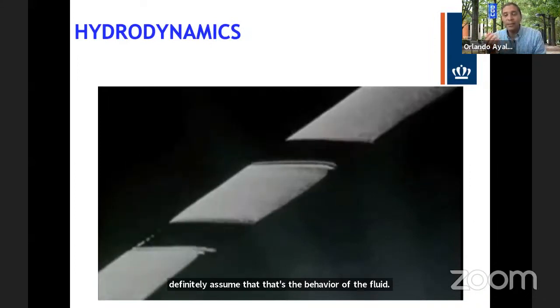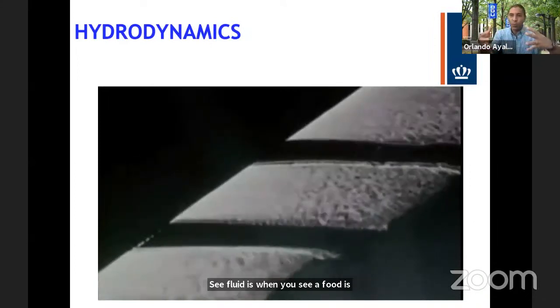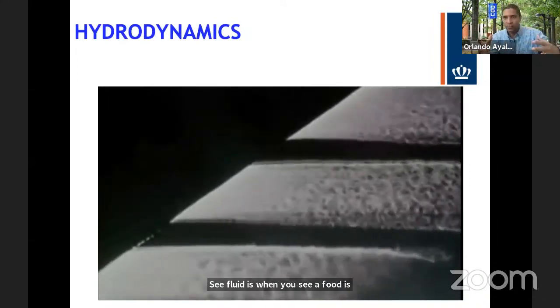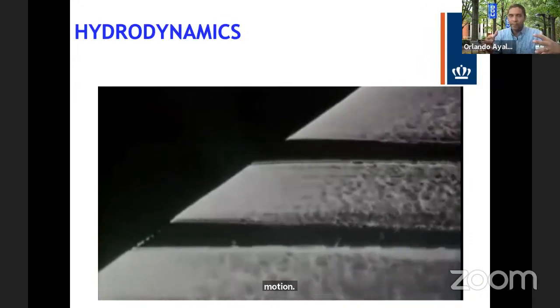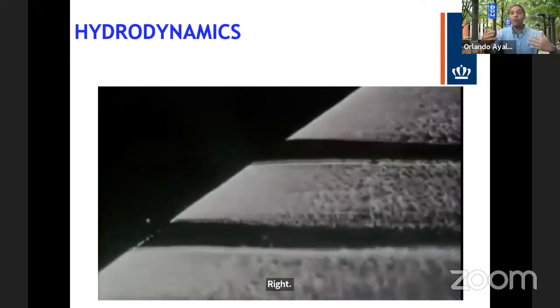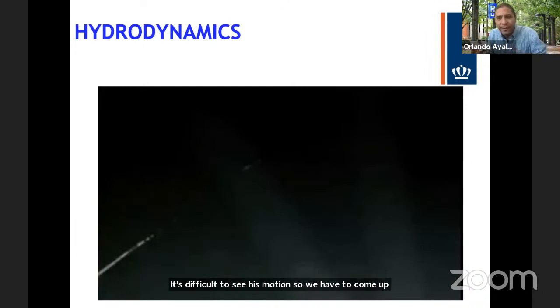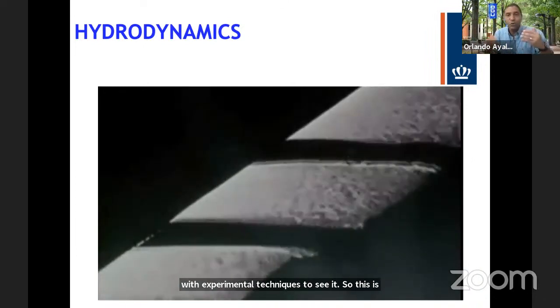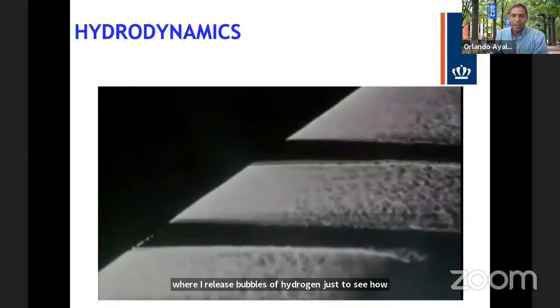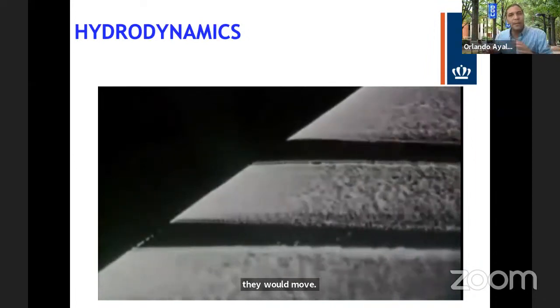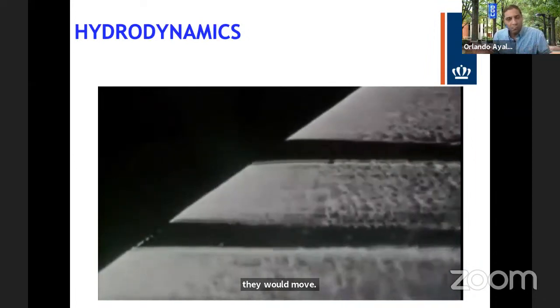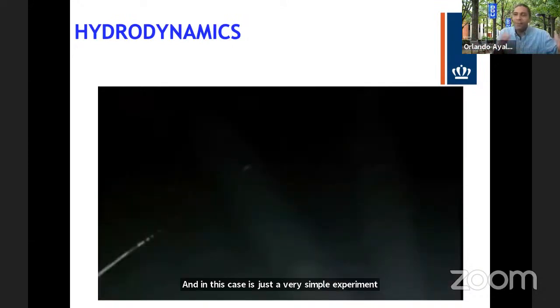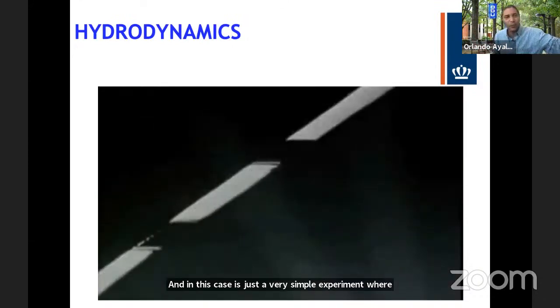When you see a fluid, it's difficult to see its motion, so we have to come up with experimental techniques to see it. So this is an experimental technique where I release bubbles of hydrogen just to see how the fluid moves. In this case, it's a very simple experiment where I see that the fluid goes from left to right.